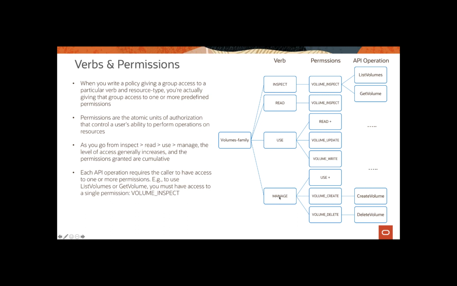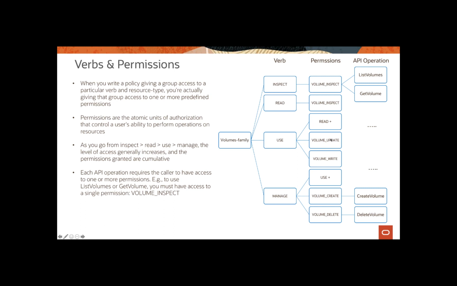When you write the policy with the manage verb and the resource is actually the volumes family in this case, what you end up essentially doing is giving some predefined permissions. These permissions include volume delete, volume create, and all the permissions given by the use verb. Use verb gives volume write, volume update, and all the permissions given by read, which gives the volume inspect permission.